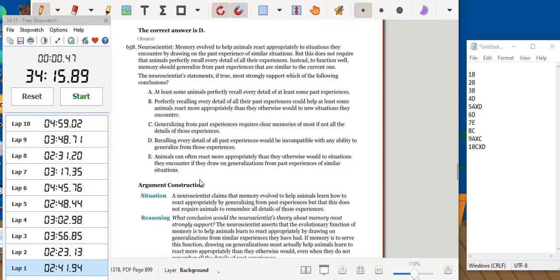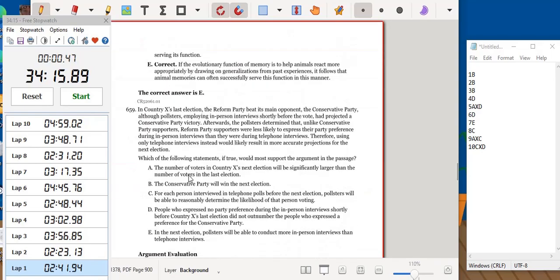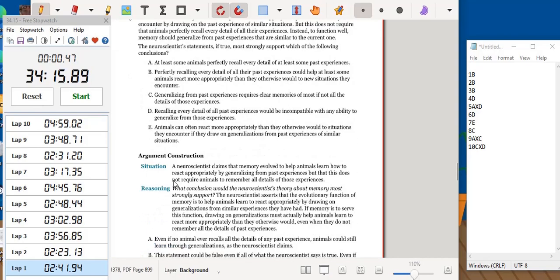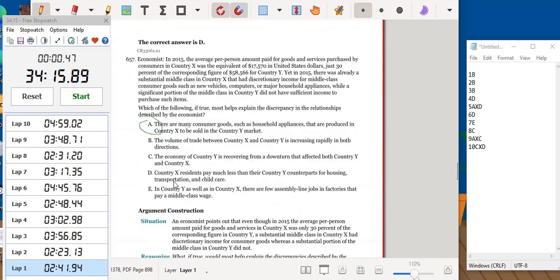I think it doesn't require any explanation. Number 9, so that is 658. Sorry, I think I made a mistake in counting the numbers. Started from 652, 3, 4, 5, 6, 7.